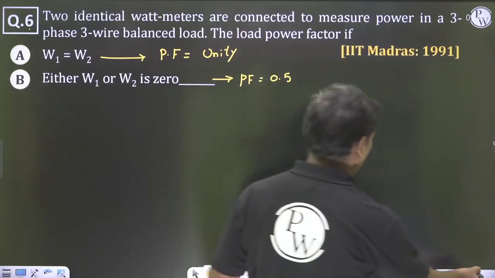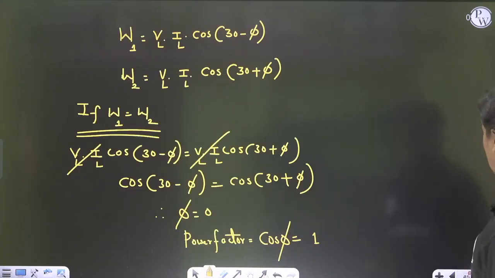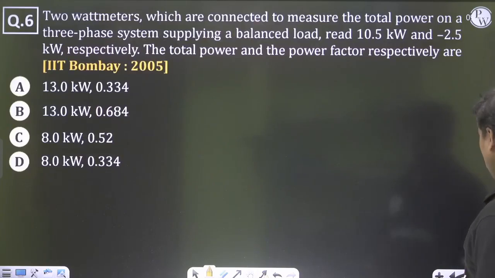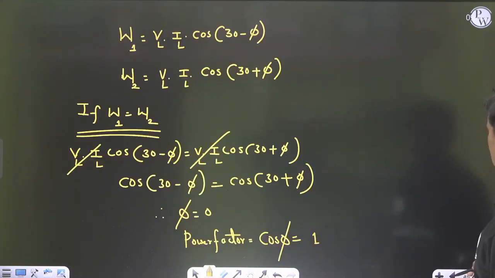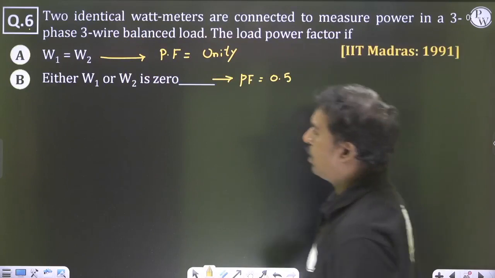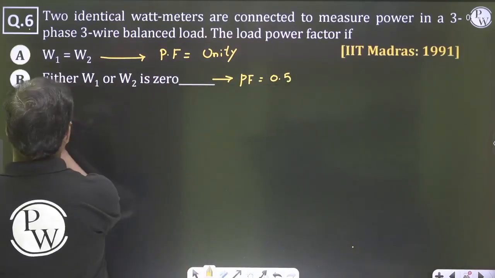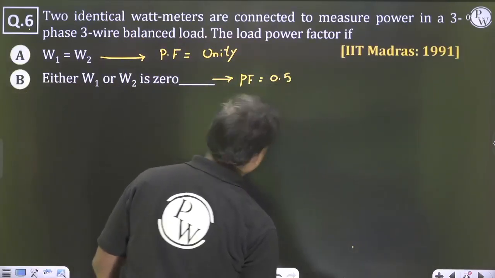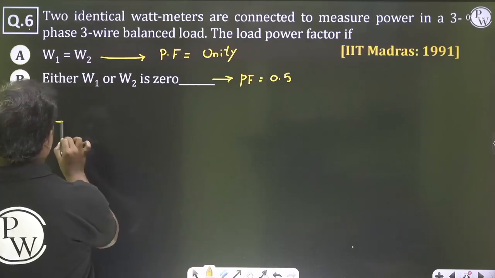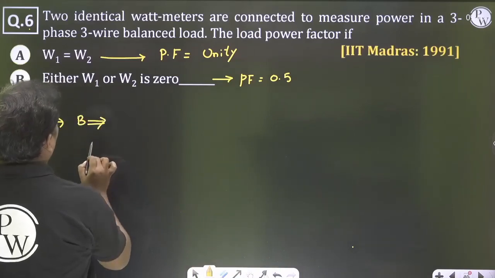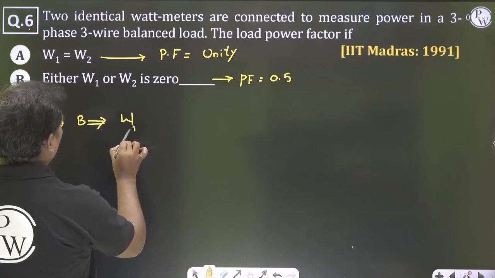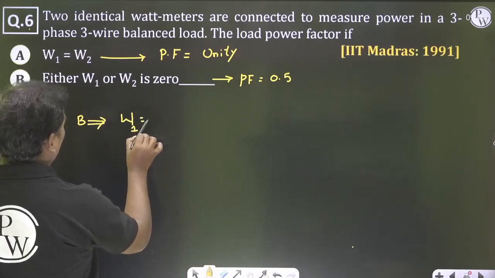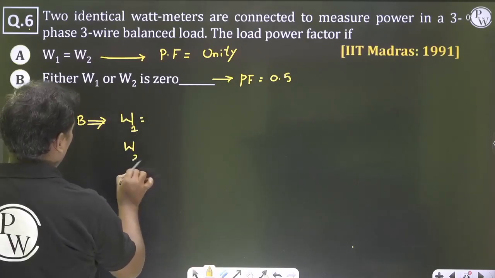Similarly, the second question also you can do. Either one of them is equal to 0, you can take it. So for the B question, let us take W1 or W2 as 0.